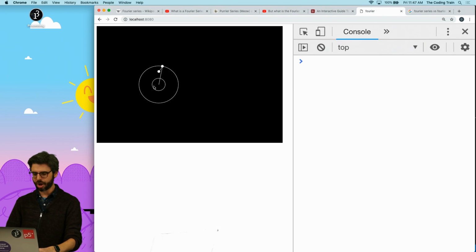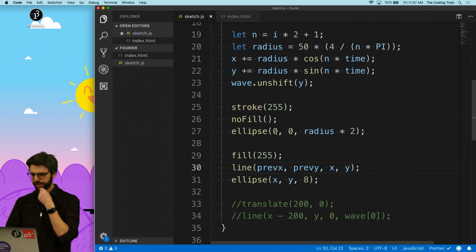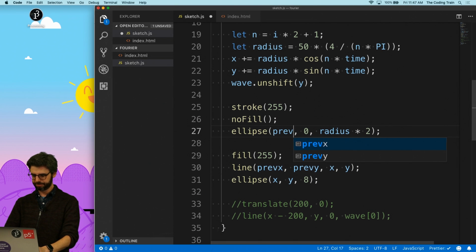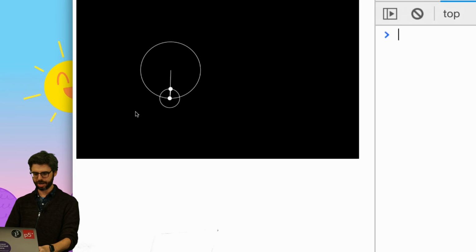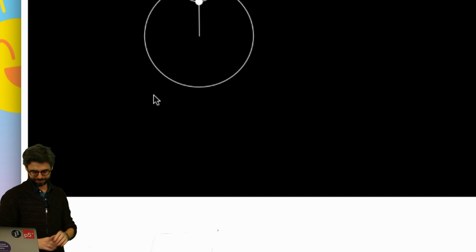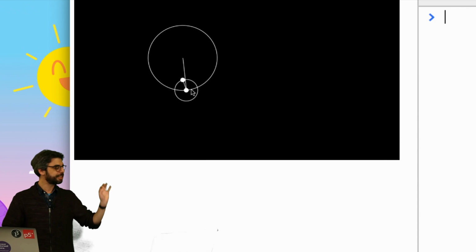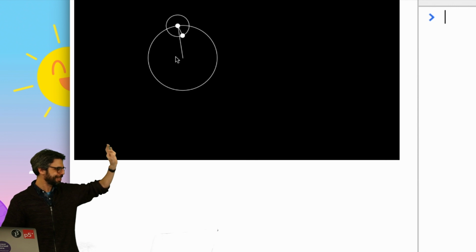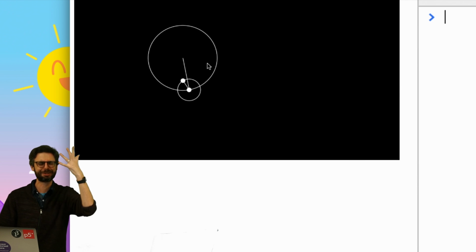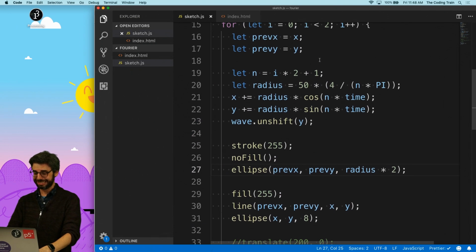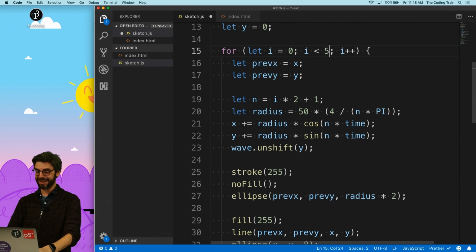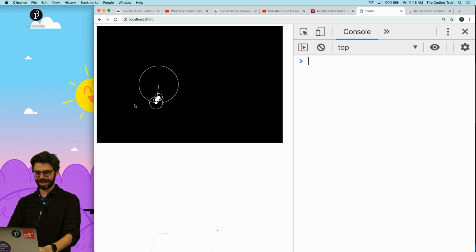The other circle also needs to have its center be at previous x, previous y. And there we go. So now I have this circle spinning around this circle, spinning around this circle.